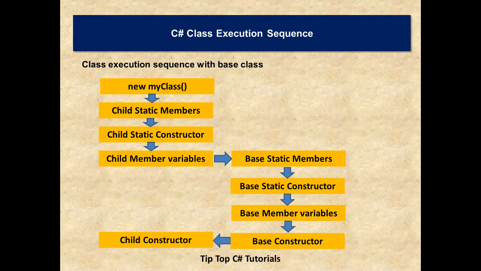This is the trickiest one, where the child class has static members and a static constructor, and the base class also has a static constructor and static members. Another part we need to understand is that static members and the static constructor are executed only once for the class. If you are creating a number of objects, this will not be executed multiple times.